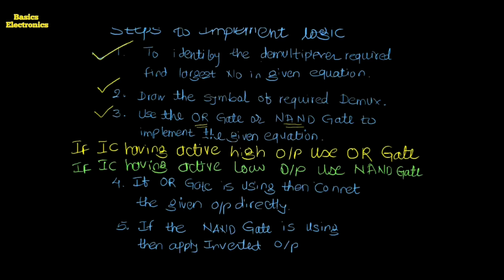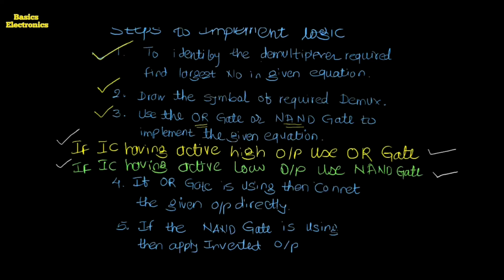But if we are implementing the equation by using the hardware, actually, then we require to keep two things in mind. What are those things? First is if the demultiplexer IC we are using is having the active high output, then we use the OR gate, and if the IC is having the active low output, then we use the NAND gate.